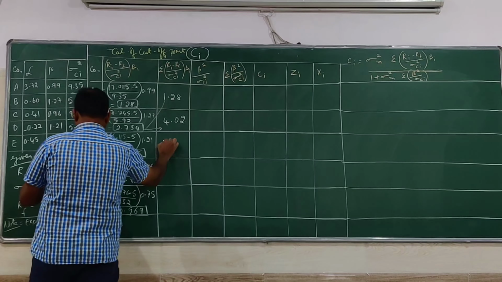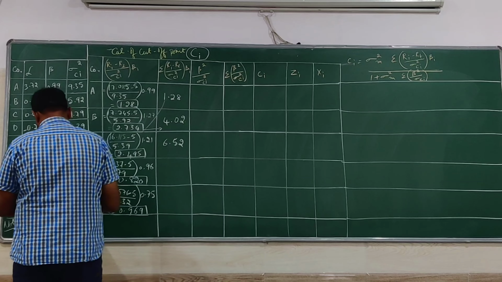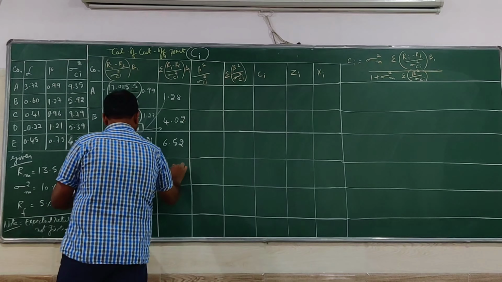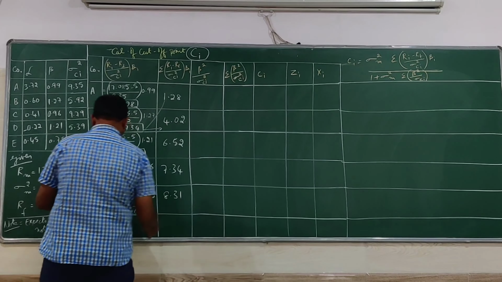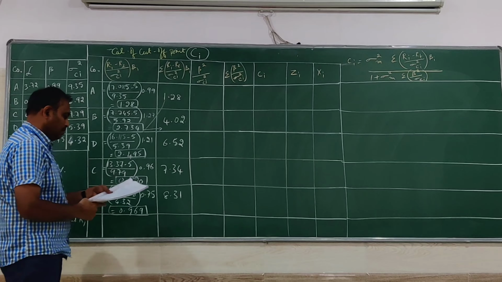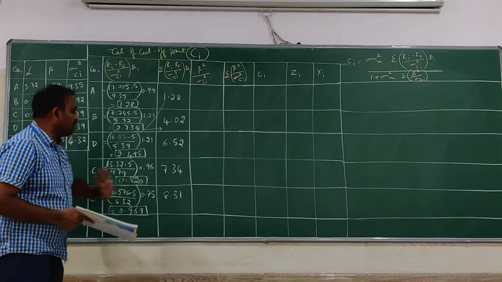Add like that only further: 6.52, 7.34, 8.31. Small variations may come when we have done the decimals therein. So let us go for this.